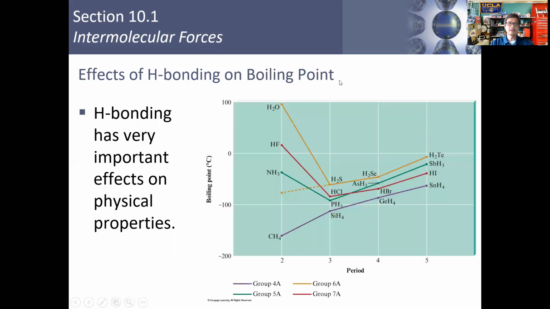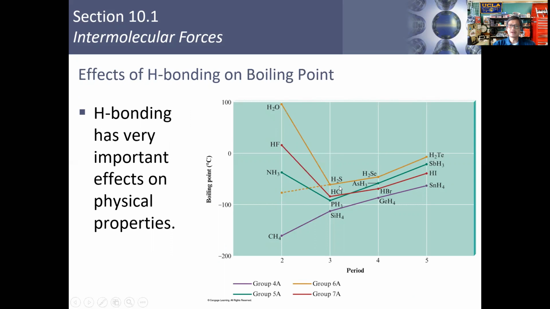Let's take a look at what the effects of hydrogen bonding are, because hydrogen bonding is fairly important. You can see that hydrogen bonding has a very important effect on, for example, the boiling point. In the category here where we have group 6A, you have oxygen, sulfur, selenium, and tellurium.